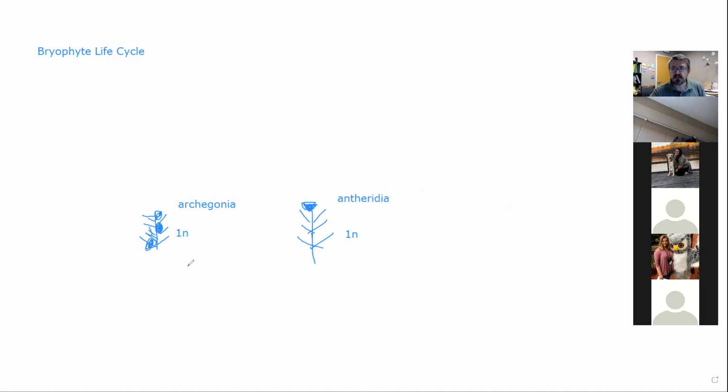Now, these are gametophytes. What do gametophytes make based on their name? Gametes. Okay, so let's make gametes. What should the archegonium make? It's going to make an egg, which is also 1N.